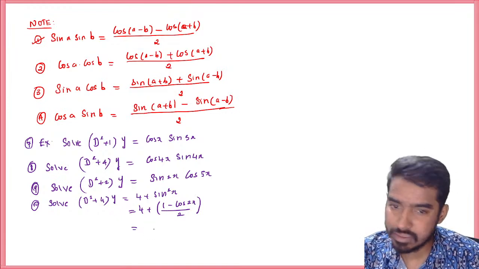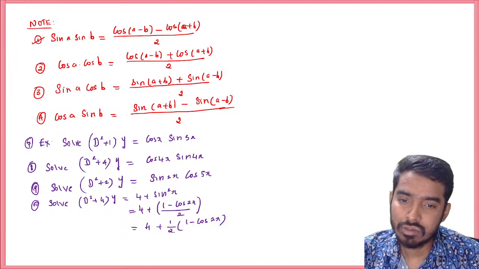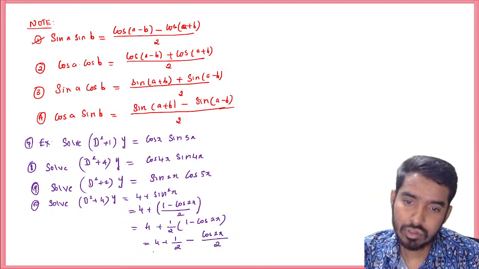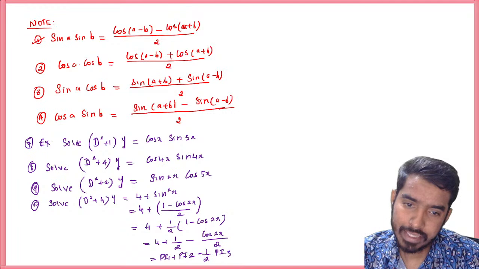This is same as 4 plus 1 by 2, 1 minus cos 2x, right? So that means this will be 4 plus 1 by 2 minus cos 2x by 2. This is your pi1 plus pi2 minus 1 by 2 pi3, right?